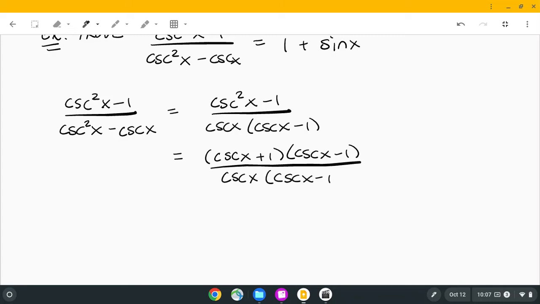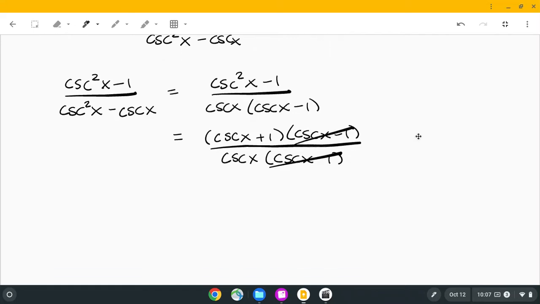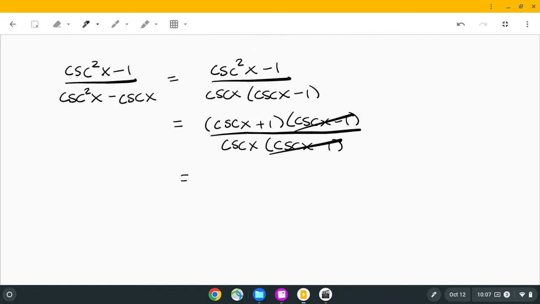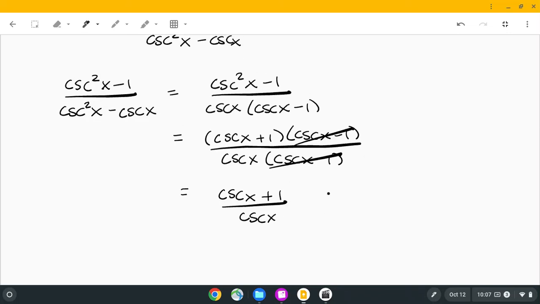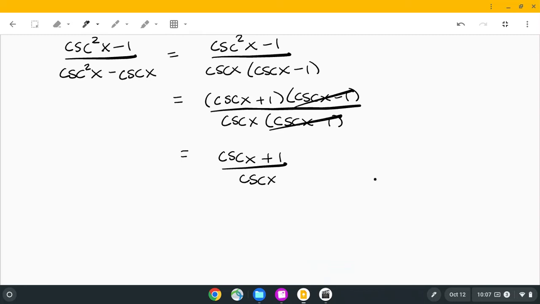All right, so now I can cancel this factor, cosecant x minus 1. And then I have cosecant x plus 1 over cosecant x. I can do what I did in the last one and split this up, right? So write the cosecant x in a fraction over cosecant x on its own, and do the same thing with the 1.